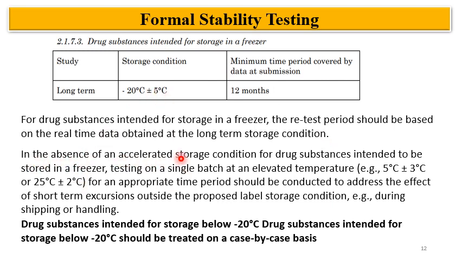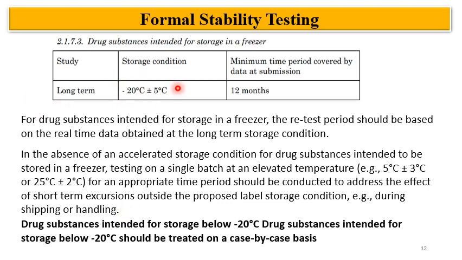In the absence of an accelerated storage condition for drug substance intended to be stored in a freezer, testing on a single batch at elevated temperature, that is 5 degrees, that is 2 to 8, so 2 to 8 will become the elevated temperature, or 25 degrees Celsius will become the accelerated or elevated temperature, for an appropriate time period should be conducted to address the effect of short-term excursions outside the proposed label condition, that is during shipping and handling.